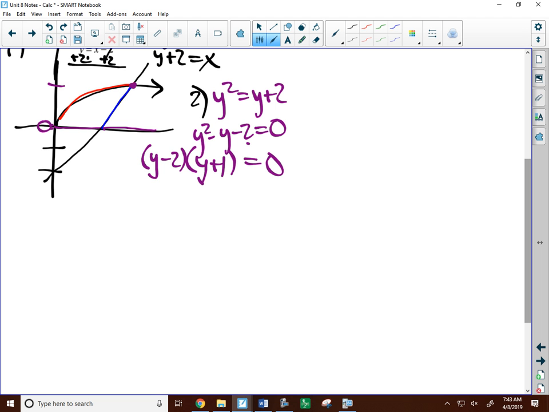And those add to get -1, -1y. So I get y equals 2, and y equals -1. Okay, so the one for our purposes that we need is the 2. That would be the positive one there.